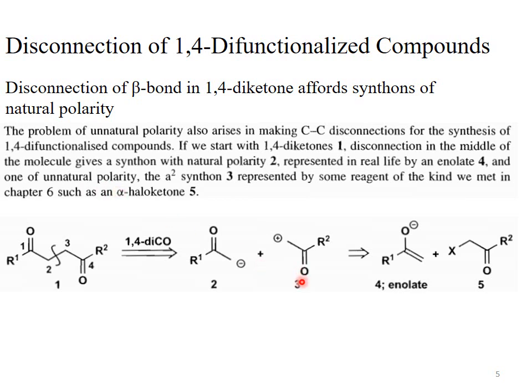And one synthon of unnatural polarity, that is the a2 synthon. See this one, the fragment 3 is the a2 synthon, an acceptor synthon, represented by some reagent of the kind alpha haloketone 5. The source of this synthon is the reagent 5, that is alpha haloketone.